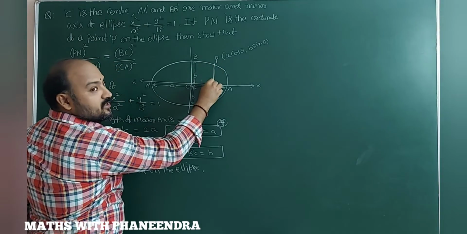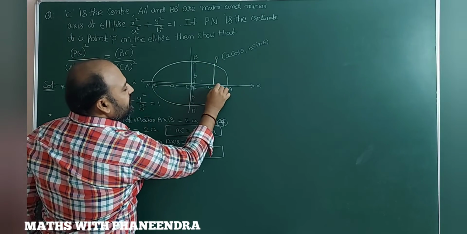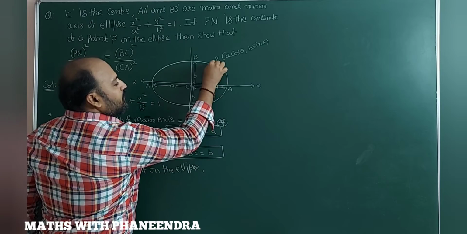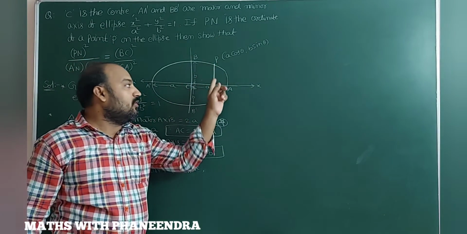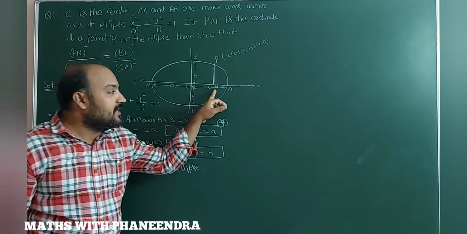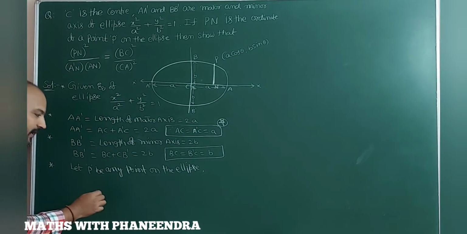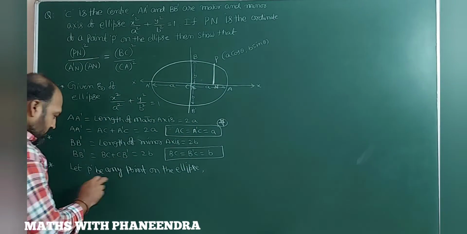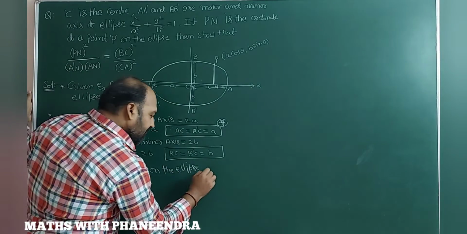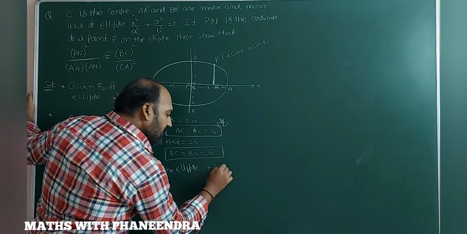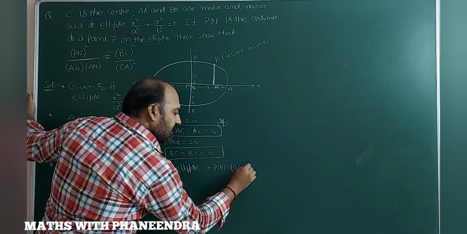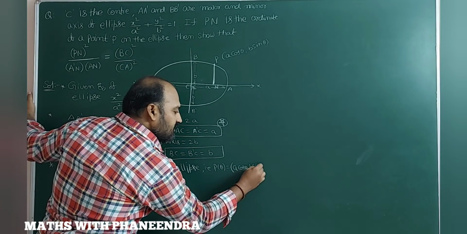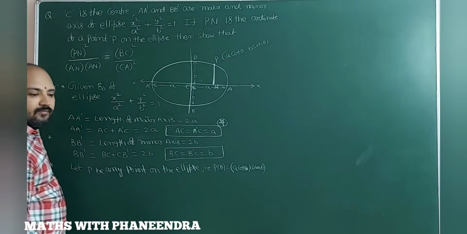Draw like this. That means PN is a perpendicular drawn from point P to the major axis, which meets at N. So P is any point on the ellipse, that is P of theta, a cos theta comma b sin theta, where theta is the eccentric angle.